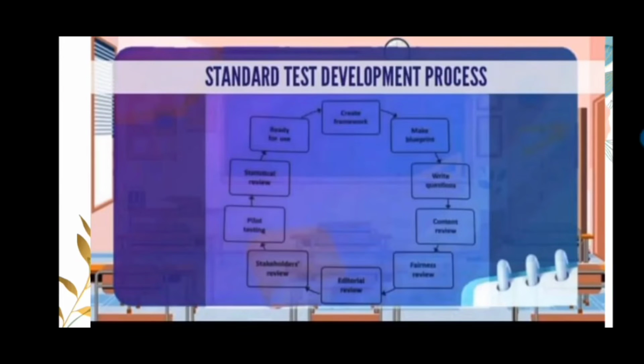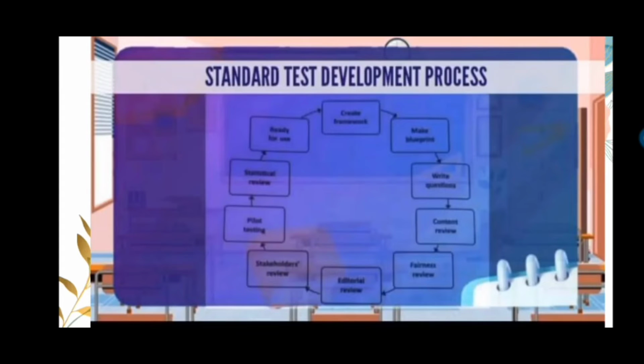As you can see, we need first to create a framework, and after that, make a blueprint, and after making a blueprint, write the questions, and after you write the questions, we will move to a content review.